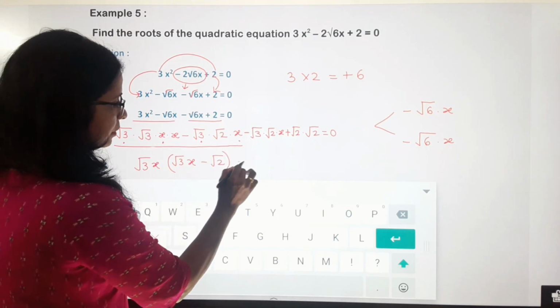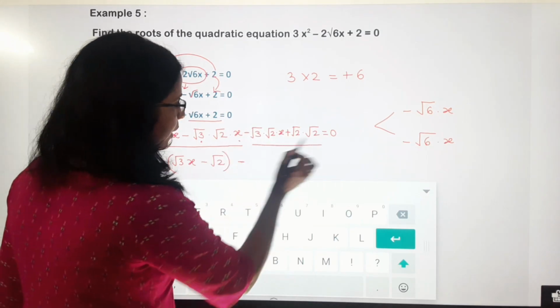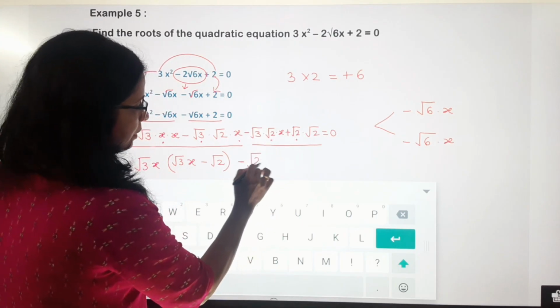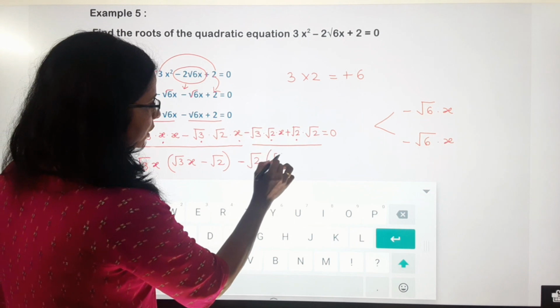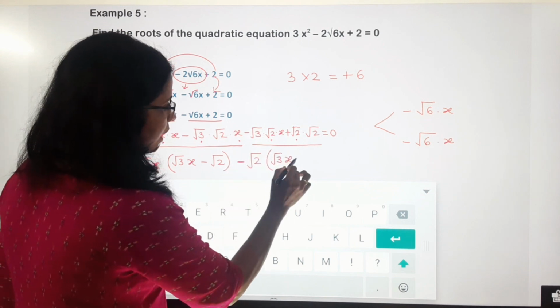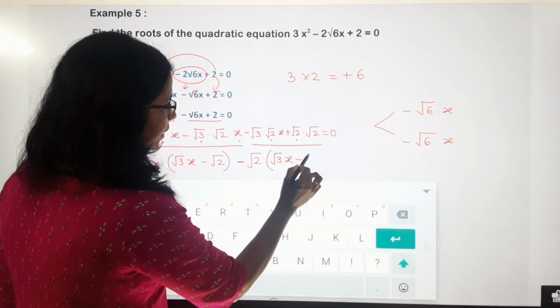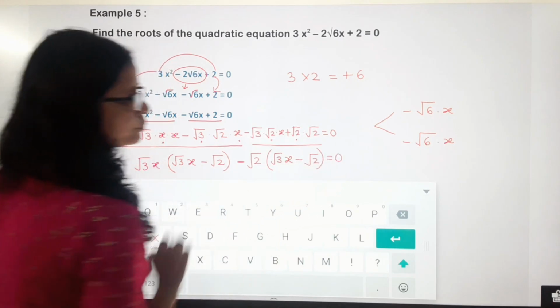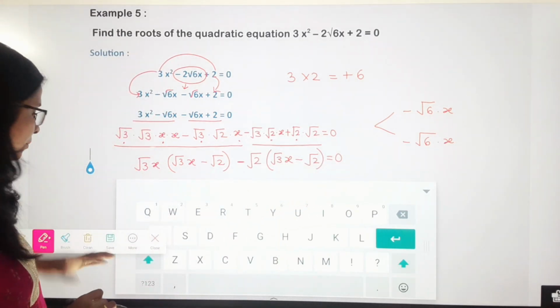Then we have the minus sign. Then in this second group, root 2 is common. In the bracket we can write root 3x, with the minus sign outside, and then root 2, which is equal to 0.